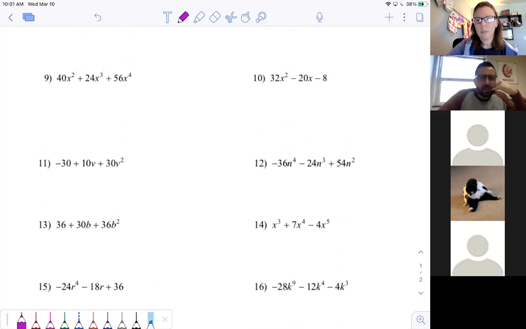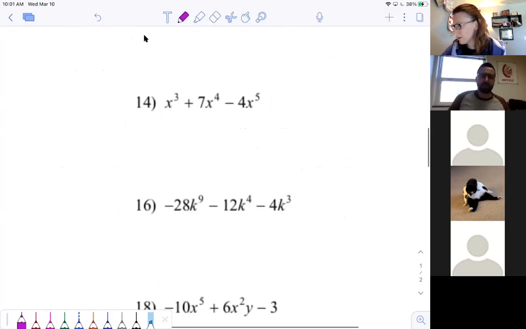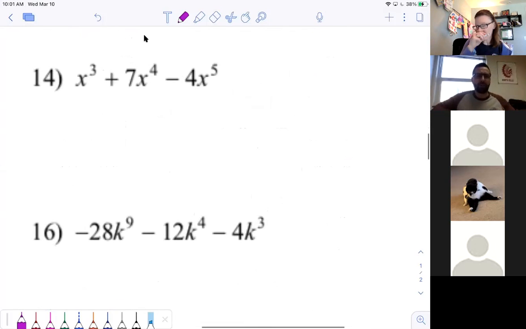I don't see any popping out. All right. Maybe number 14 is a little bit different because of how the first term will end up. Yep. So looking at number 14, we'll do this one.